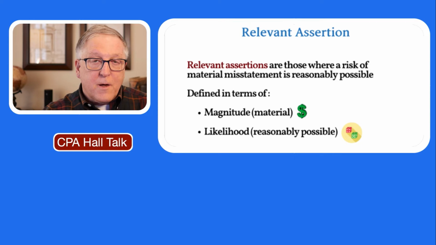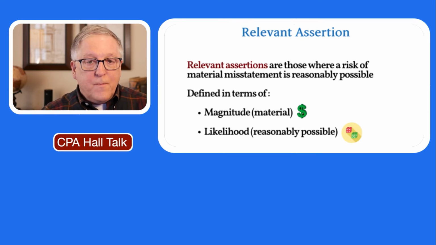So you're really looking at two things here. You're looking at magnitude, how much could the misstatement be, and is it material or potentially material, and then likelihood, is it reasonably possible? Both of these need to be in play for an assertion to be relevant.